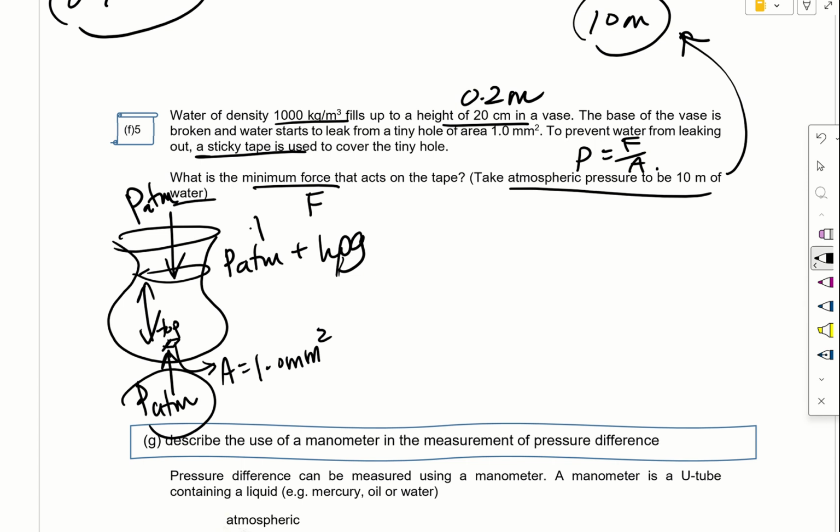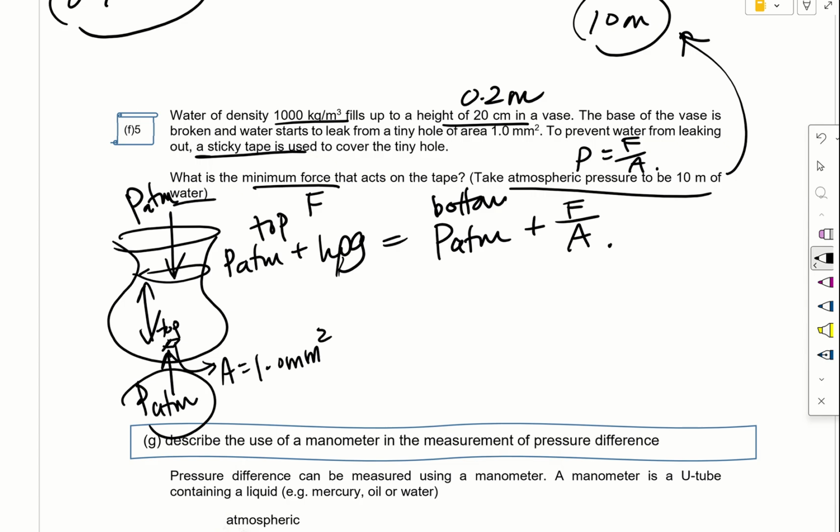So this is the top part and this is the bottom part, and we are trying to find the force, right? The pressure is the same because the tape remains there. So at the bottom of the tape we have PATM plus the pressure, which equals force over area.